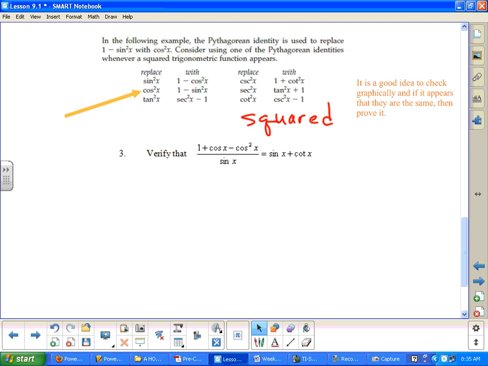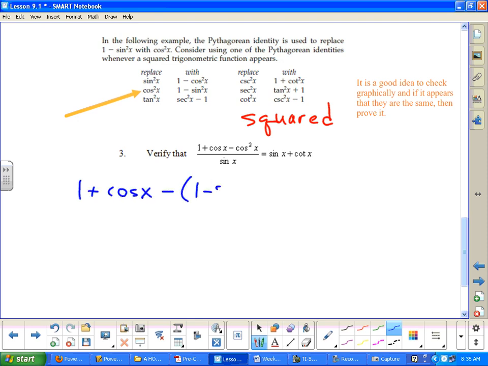You might see something that John doesn't see, and John may see something else. So Chris sees that, and that's one approach we can take. So let's go ahead and do that. So 1 plus cosine of x minus 1 minus sine squared of x. We just replace cosine squared with 1 minus sine squared.